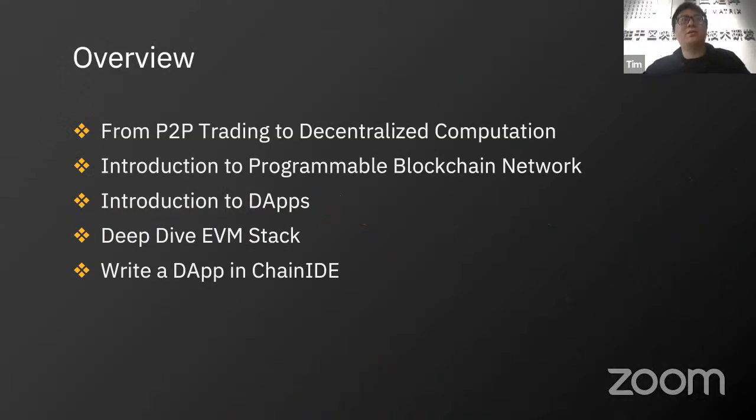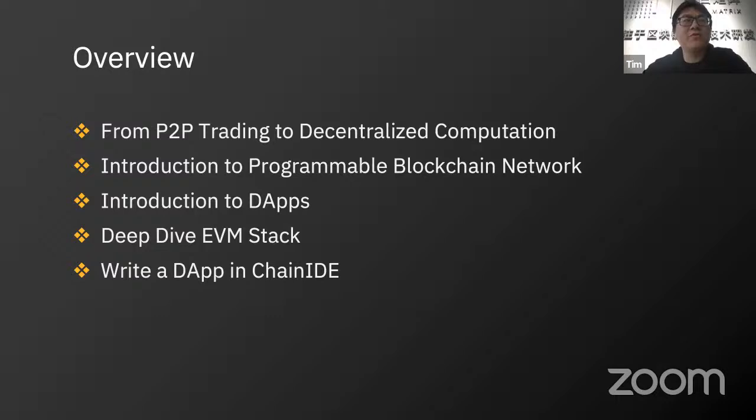So here is today's roadmap. There are basically 5 major chapters. The first one is from P2P trading to decentralized computation. The second one is the introduction to programmable blockchain networks. The third one is the introduction to the main topic, decentralized apps. The fourth one is a deep dive on the EVM stack.